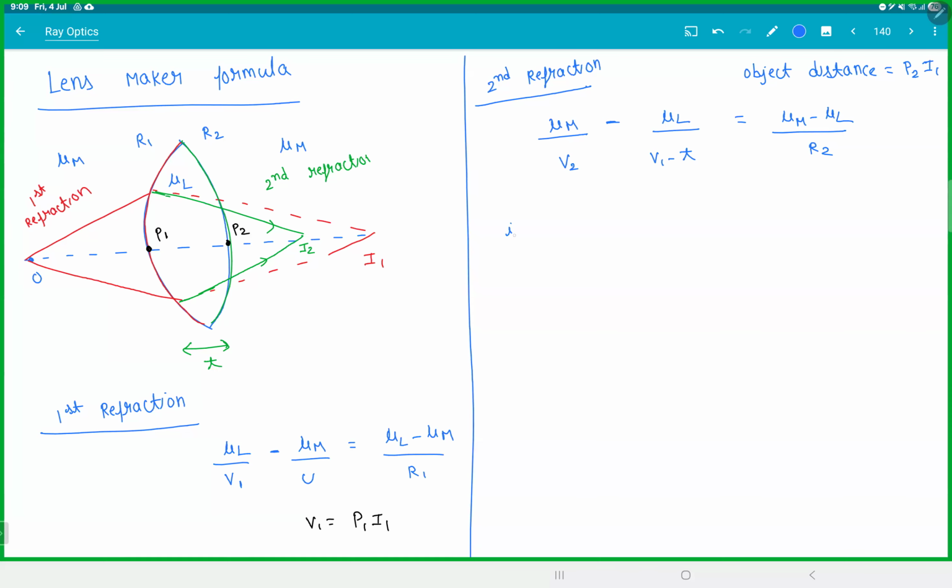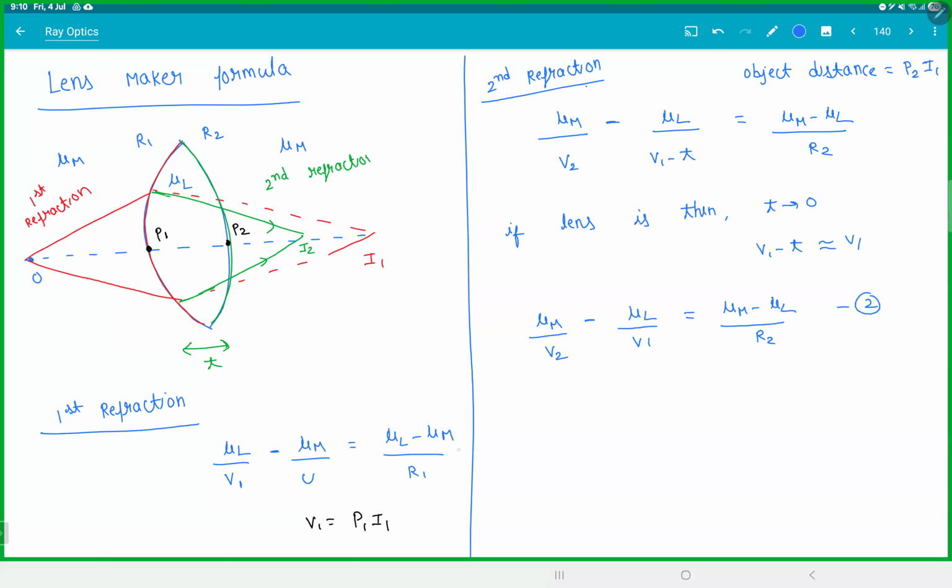Now, if the lens is thin, this is where you get an advantage. If the lens is thin, T will tend to 0. Then V1 minus T becomes equal to V1. Your equation becomes mu M by V2 minus mu L by V1 equals mu M minus mu L by R2. This will be your equation 2 and this will be your equation 1.